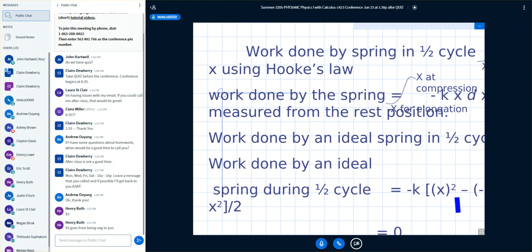Ideal spring systems and gravitational systems are conserved energy systems, and we will confine our conserved energy systems to just those two types. And of course, position plays a role. Linear position plays a role in both of those conserved systems.